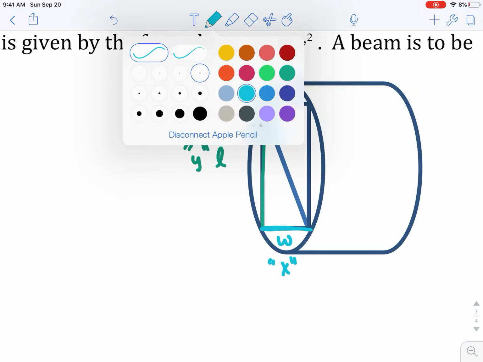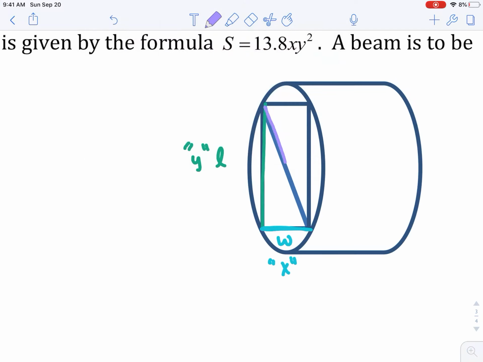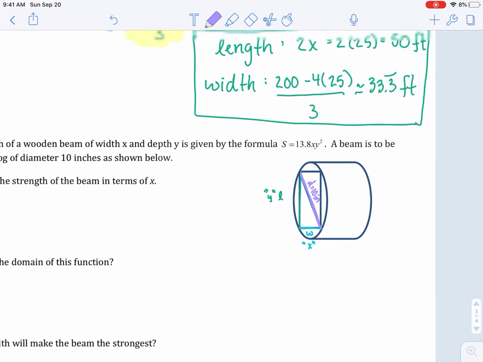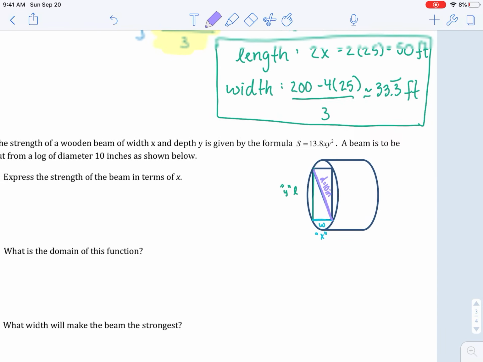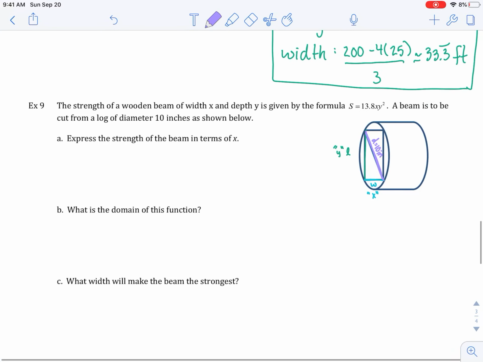And then it said that the diameter going across was 10. I believe it said inches. Let's double check. Yep. Okay. So I labeled that.